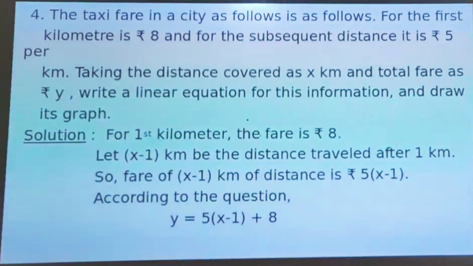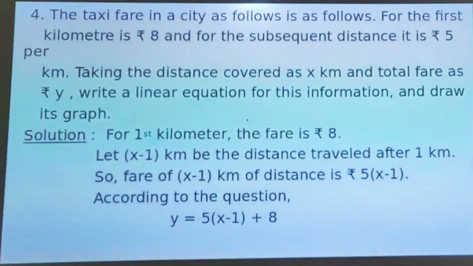So it is given that for the first kilometer the fare is rupees 8 and for the subsequent distance it is rupees 5. Subsequent means the first kilometer will be taken as rupees 8 only, and subsequent means 1 kilometer will always be subtracted from the previous kilometer.